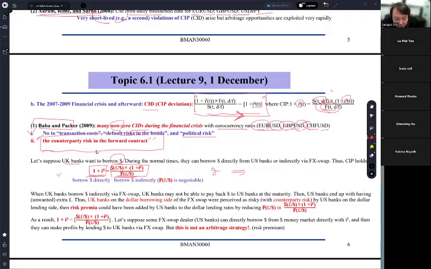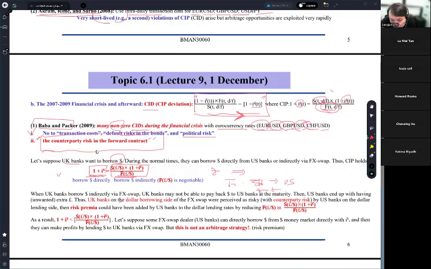However, during the crisis period, let's say UK banks borrow dollars indirectly by FX swap today from some US financial institutions. Then UK banks will make a promise today to give dollars to US banks after one period and get pounds.